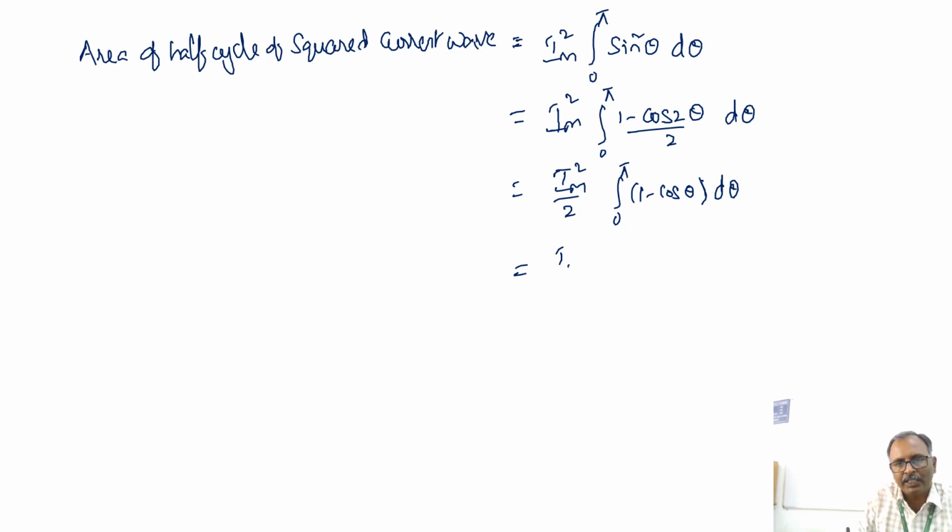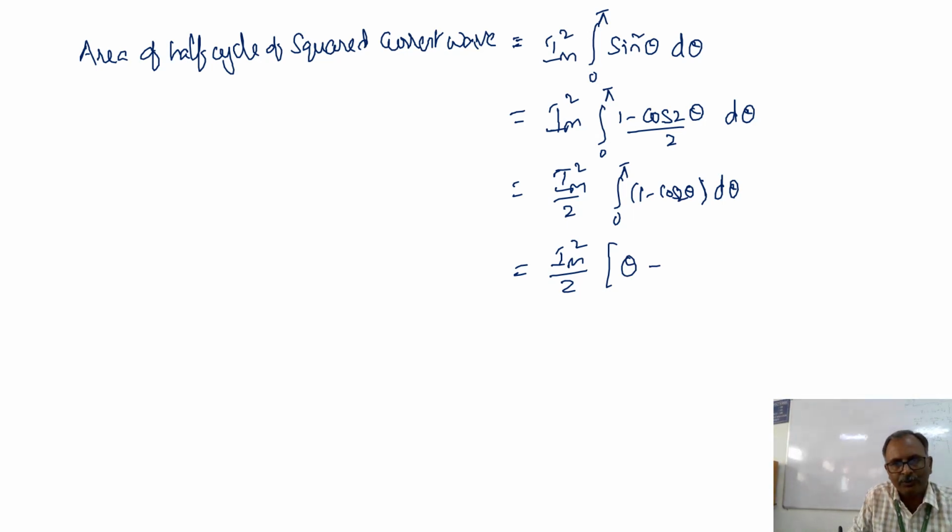If you integrate, Im square by 2 times integral of 1 d theta is theta minus, integral of cos 2 theta is sin 2 theta by 2, with the limits of 0 to pi.